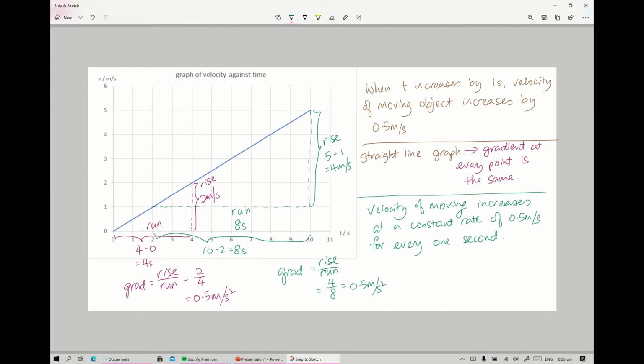Okay, emphasize at a constant rate. So this will tell you that this is a straight line graph. It will help you a lot when you make a comparison between a straight line graph and a curve. So again, I emphasize again, velocity of moving object increases at a constant rate of 0.5 meter per second for every 1 second.